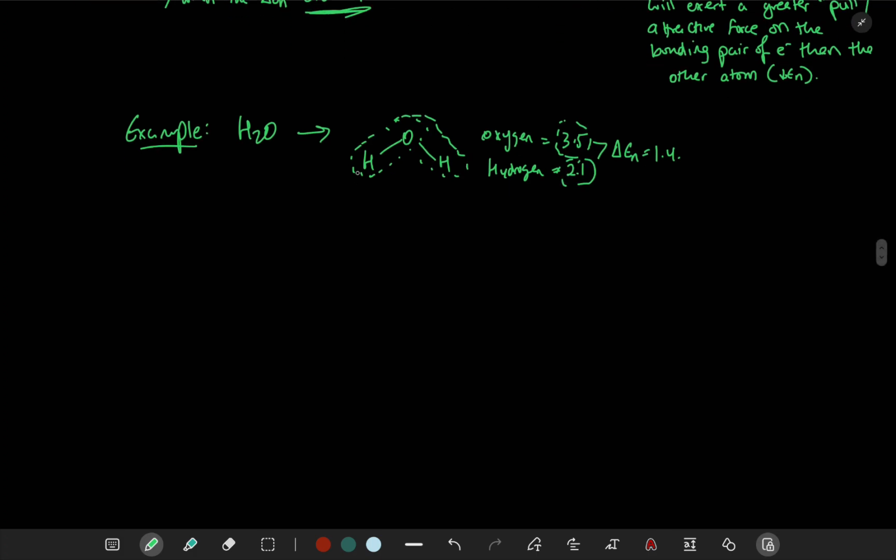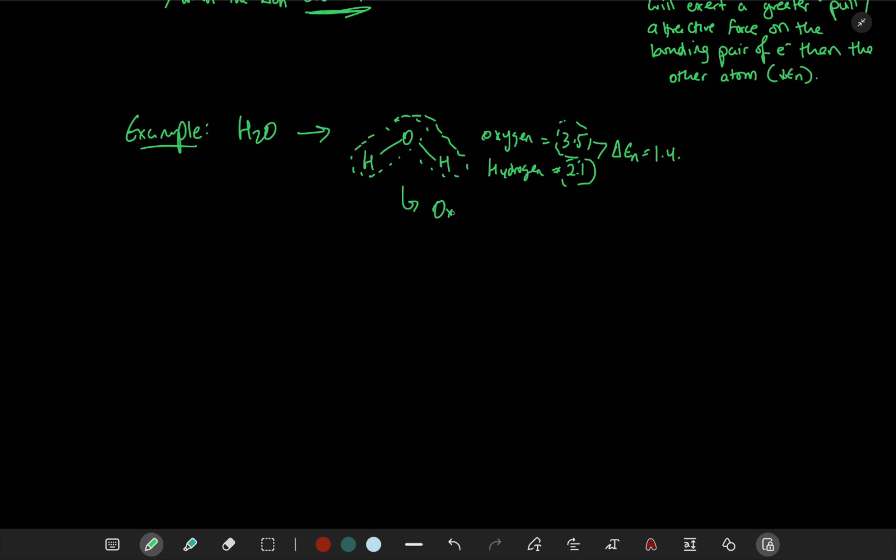So in this case, the oxygen atom, because it has higher electronegativity, will exert a greater attractive force on the bonding electron pair than the hydrogen atom, which has a lower electronegativity, and this leads to unequal sharing of electrons.